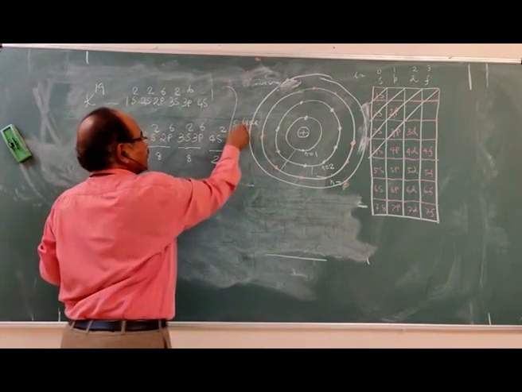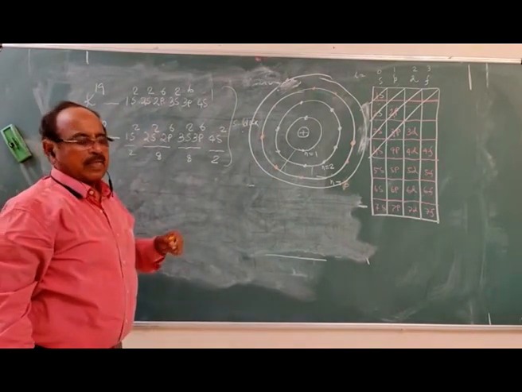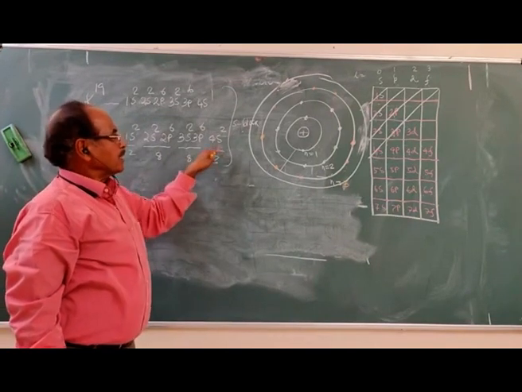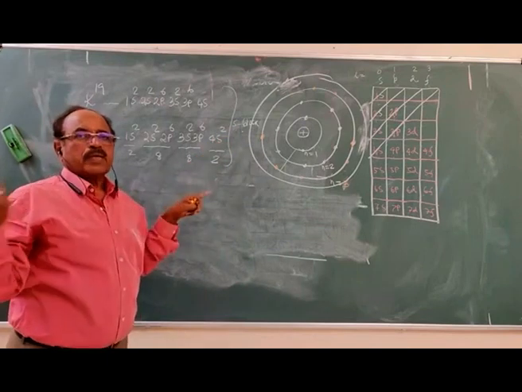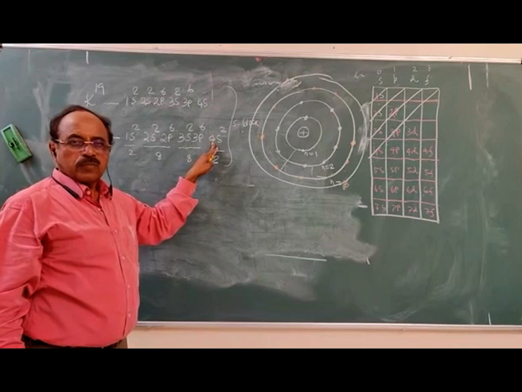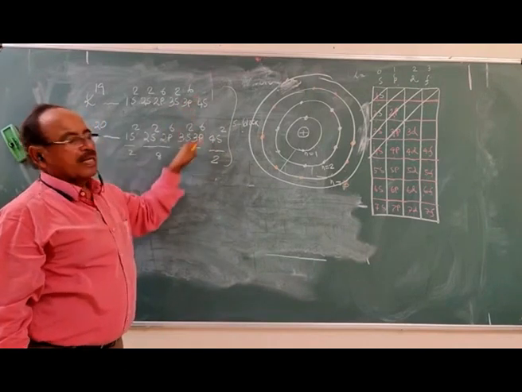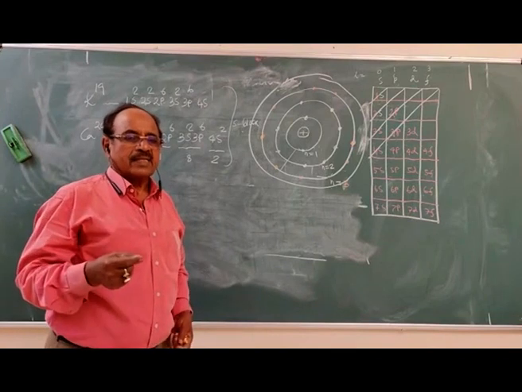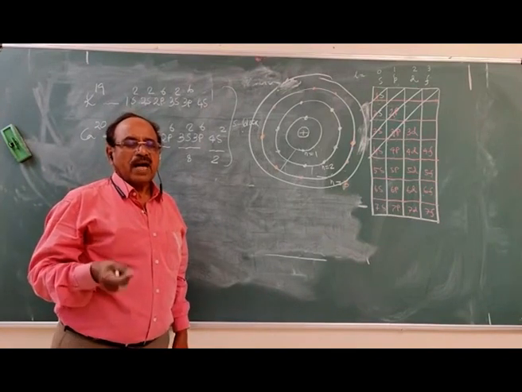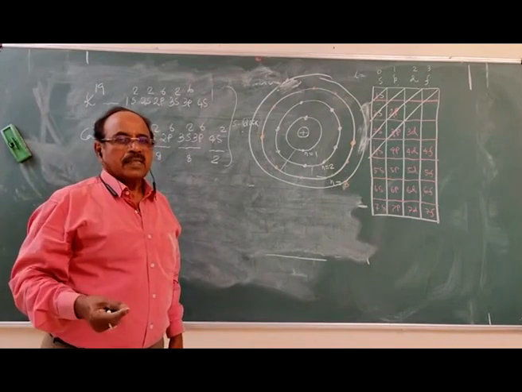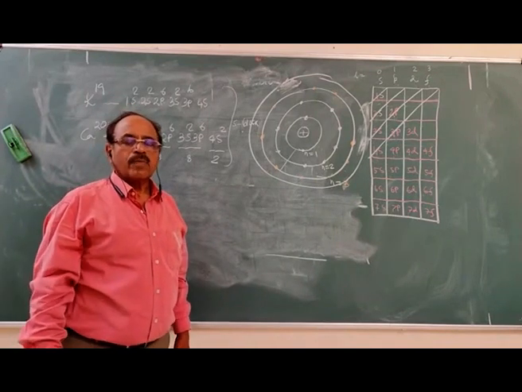They are placed in the 4th period of the periodic table. Here the principal quantum number is 4, so they belong to the 4th period. So these two are normal elements, because when the electron is added to the next higher and higher shell, the element is called a normal element.